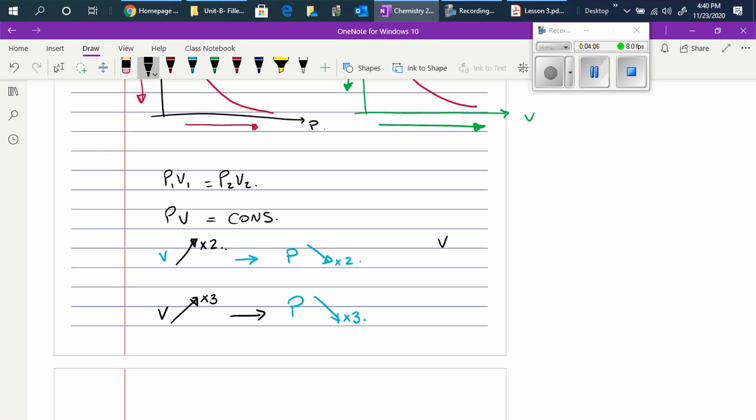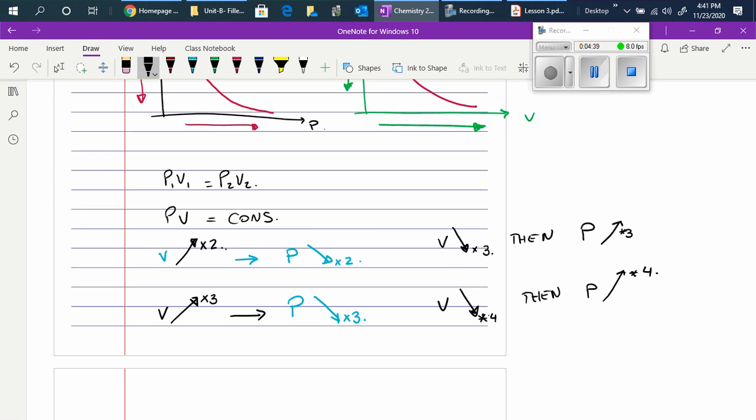Or if you decrease the volume by a factor of 3, then pressure will increase by a factor of 3. Or if you decrease the volume by a factor of 4, meaning that you multiplied by 1/4, then pressure will be increased by a factor of 4.